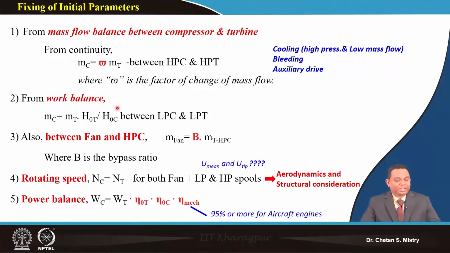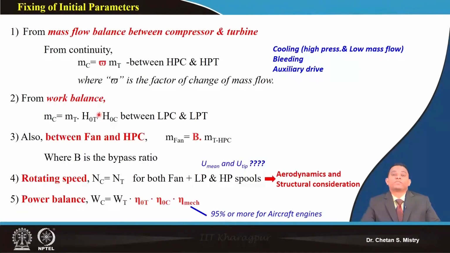Next, we need to do our work balance. Suppose we consider our LP compressor and LP turbine; we need to balance that in the sense of our energy equation. We need to realize that the power generated by our turbine is used to rotate our compressor.